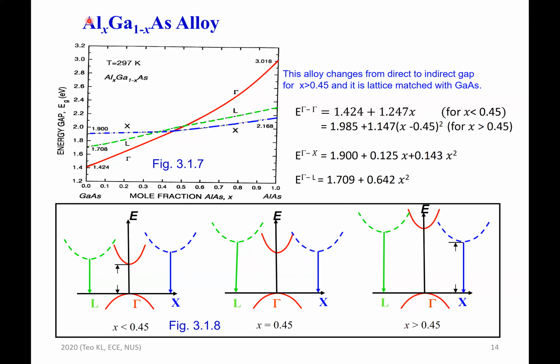However, aluminum arsenide is an indirect band gap semiconductor, while gallium arsenide is a direct band gap semiconductor. So if you change your composition, there will be a point where there is a change from a direct to indirect band gap for a certain composition.